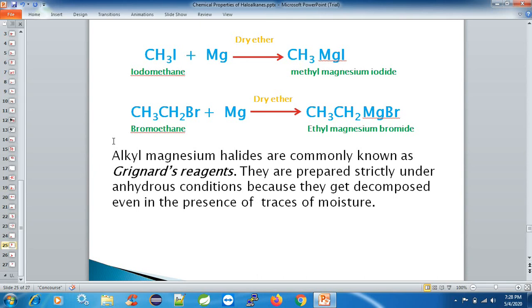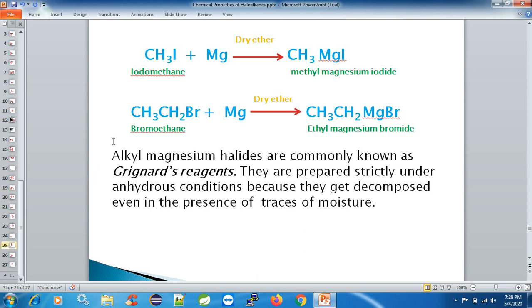Grignard's reagents are prepared strictly under anhydrous conditions. Why? Because in the presence of even traces of moisture they get decomposed.